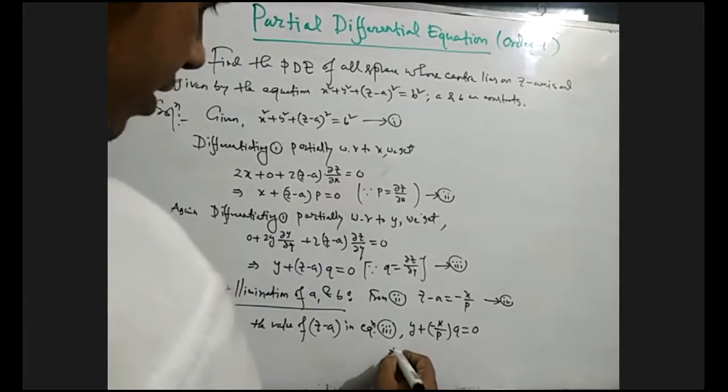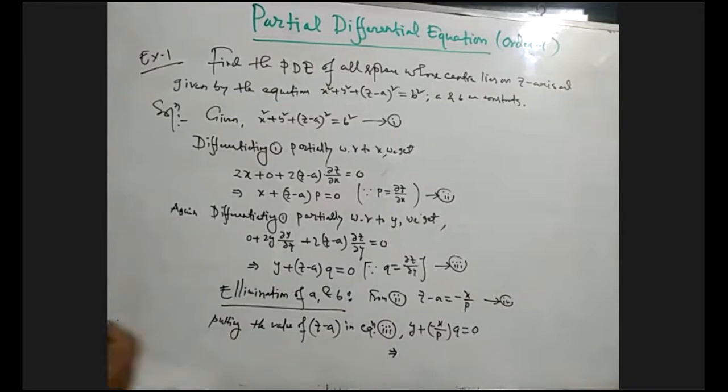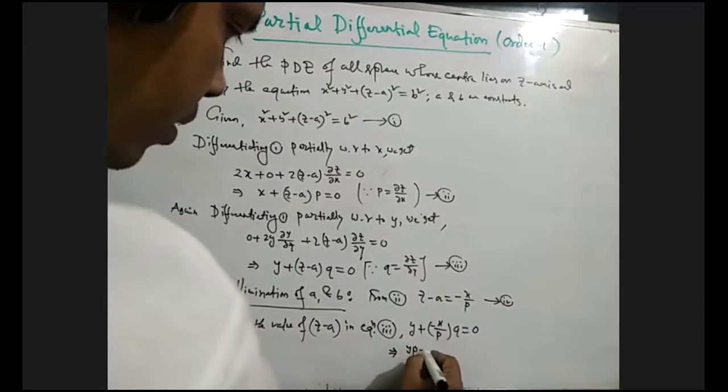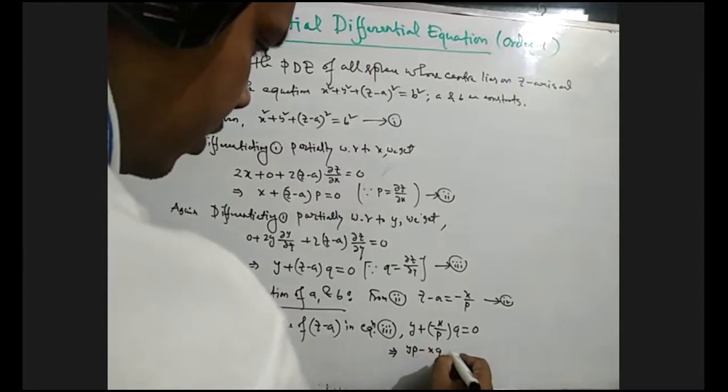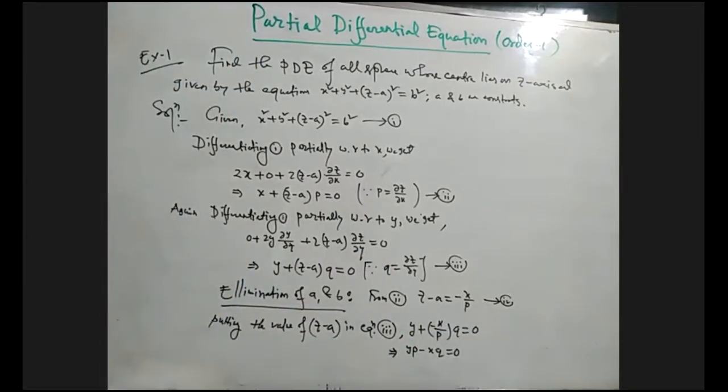That means, multiplying by p on both sides, we get yp minus xq equals 0. This is the required partial differential equation, obtained by eliminating the arbitrary constants. So this is the method of how to form a partial differential equation by eliminating constants.